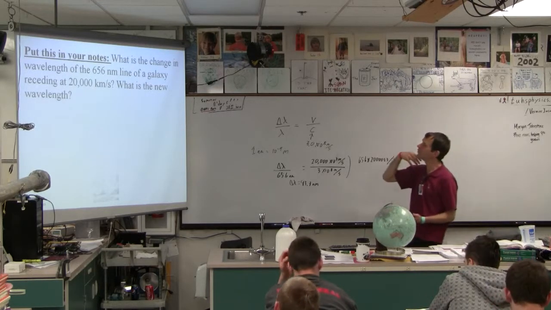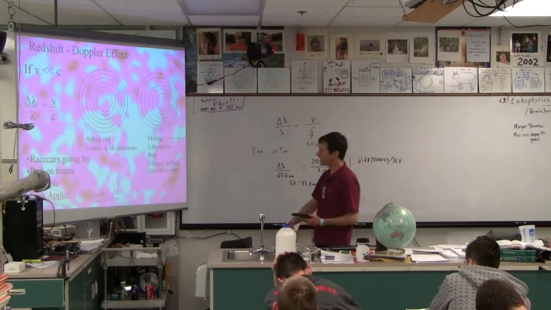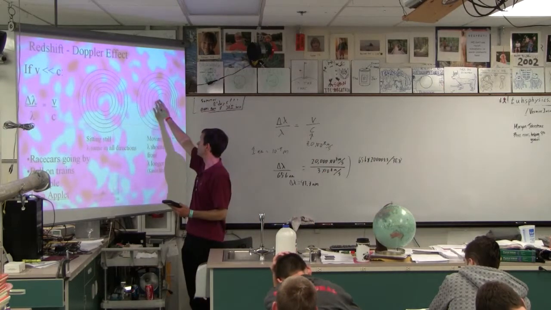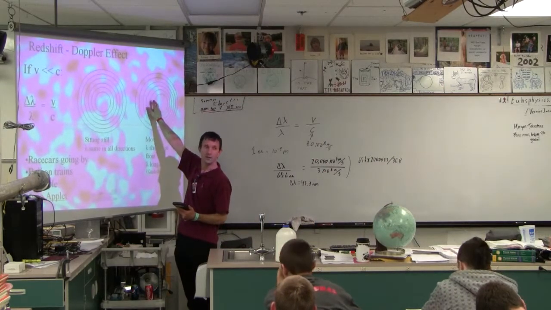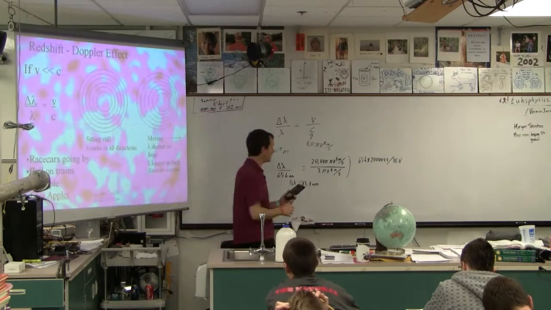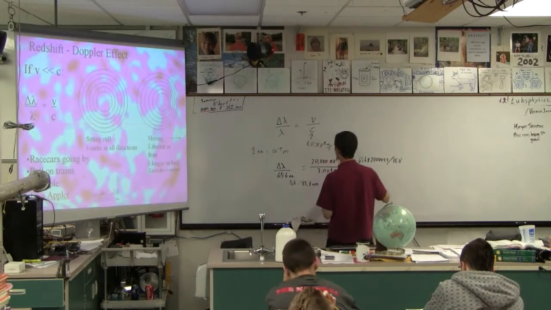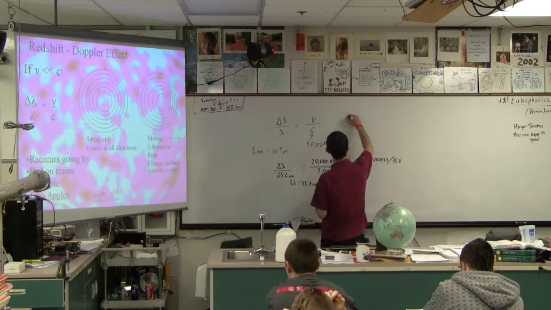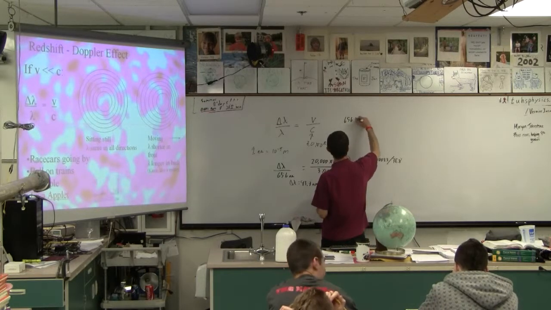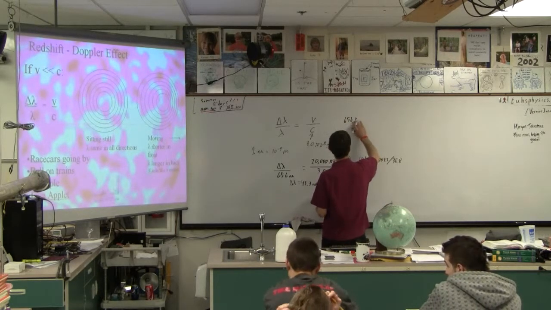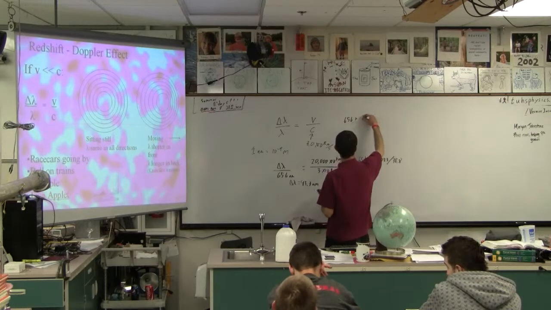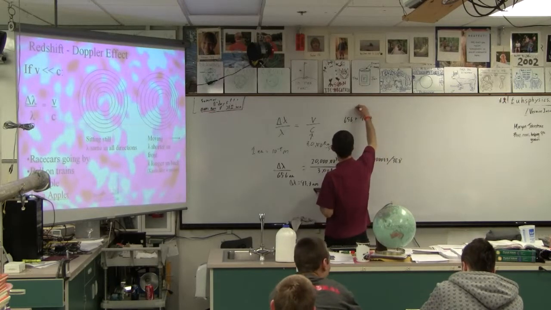Yeah, now if it's moving away from us, what's happening to the wavelength? Is it getting shorter or longer? It's getting longer, right? So what we do, and we're sort of stretching the limit of this formula, is that the new wavelength is going to be 656 plus 43.7, because it's getting longer.